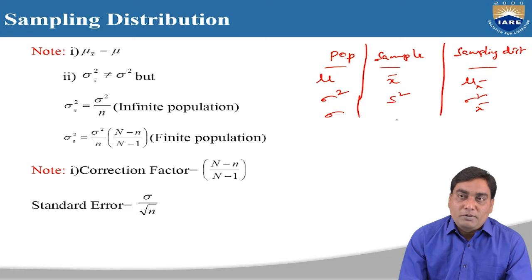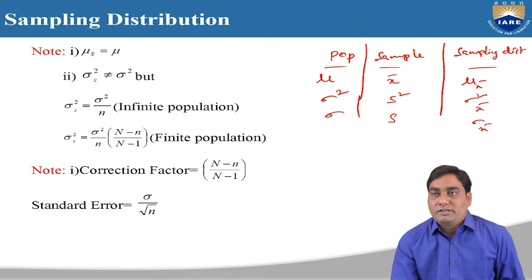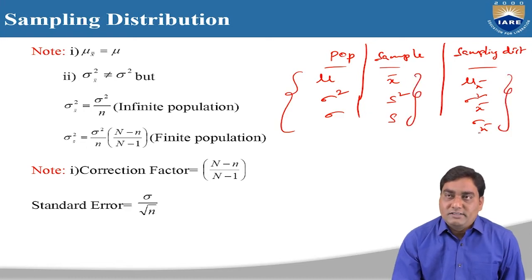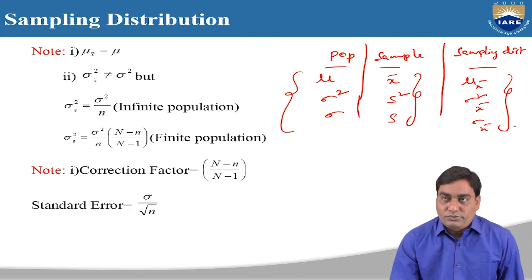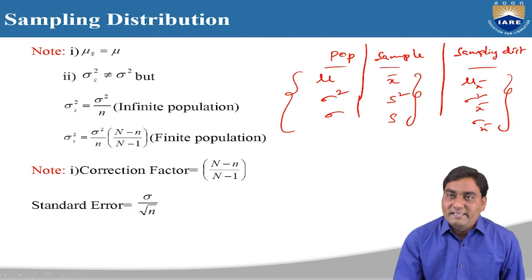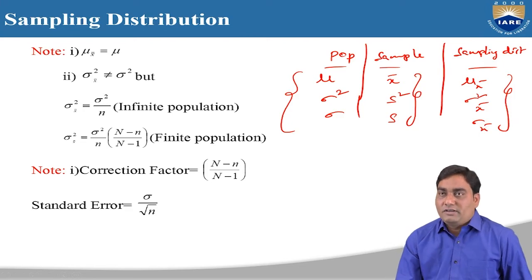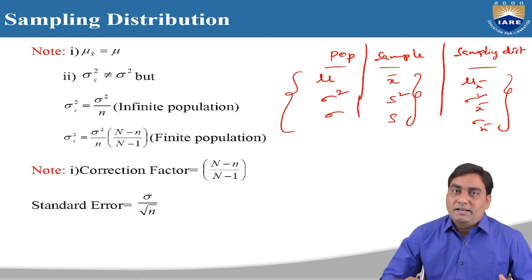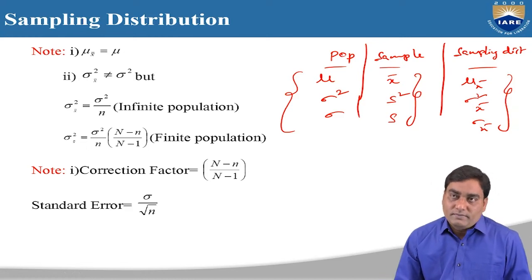The SD of the population sigma, the SD of the samples s and the SD of the sampling distribution sigma x bar. Total 9 values: mean, variance, SD of the population, mean, variance, SD of the sample and mean, variance, SD of the sampling distribution. All are mean, variance and standard deviation, in the population case, in the sample case, similarly in the sampling distribution case.